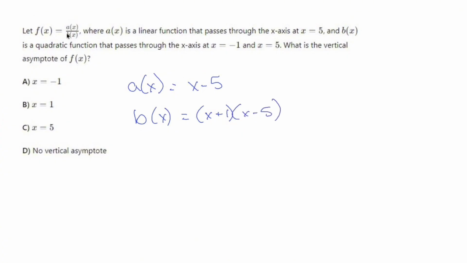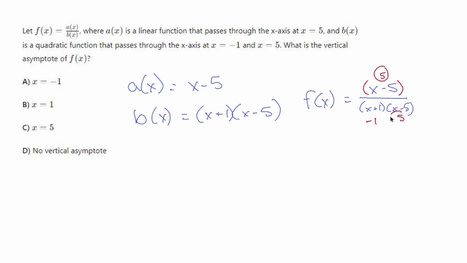Since f of x is given to us as a of x over b of x, we can write this whole guy out as x minus 5 over x plus 1 times x minus 5. They want the vertical asymptotes. So the magic numbers are the numbers that make every factor 0. 5 would make the top 0, -1 would make the bottom 0, and 5 would make the bottom 0.